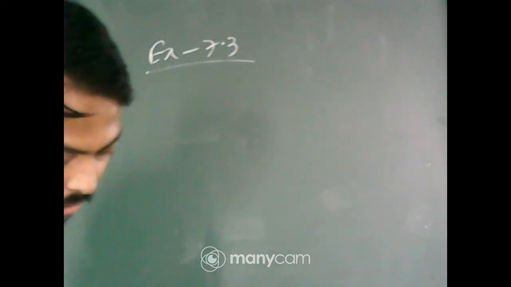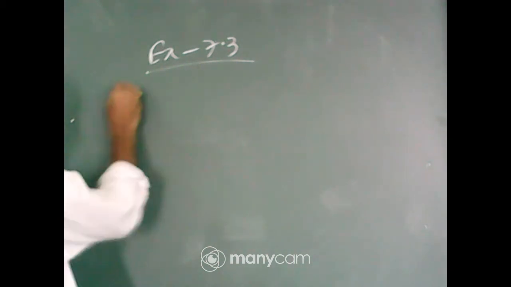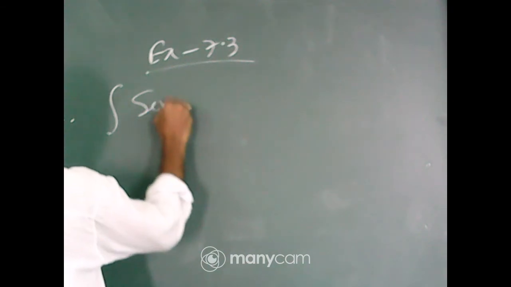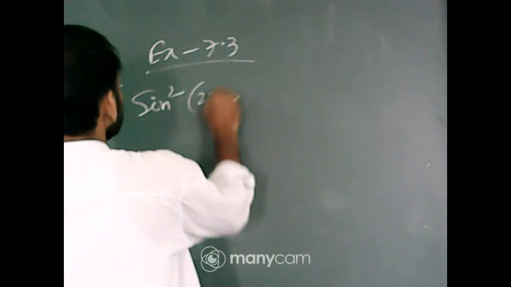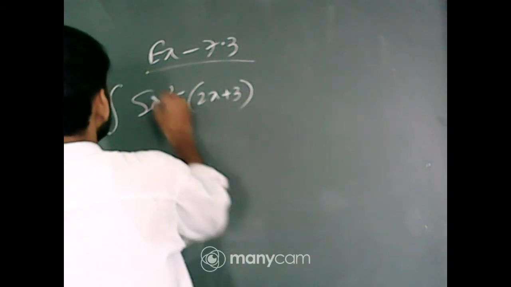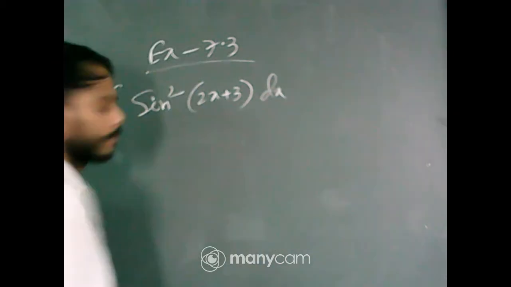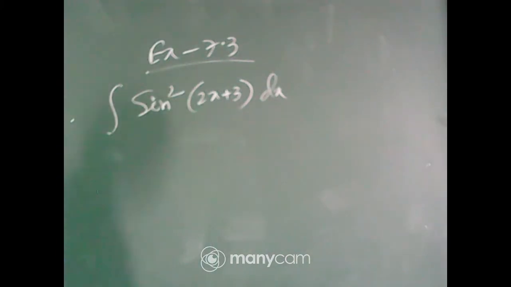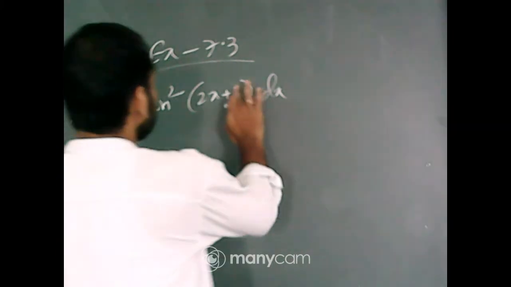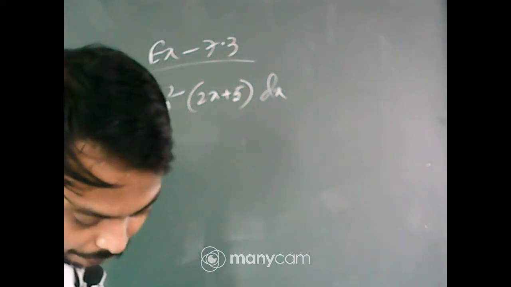The first one, integration sin square 2x plus 5 dx. Sorry, I said 3 earlier; it is 2x plus 5.